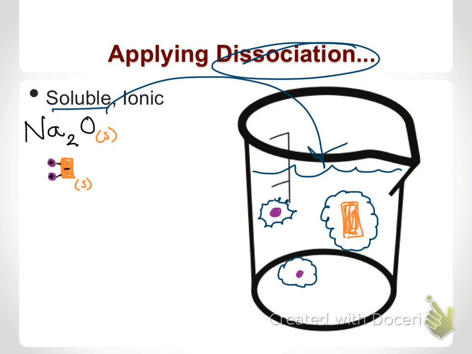Now remember, for the Na+1s here, if I were to zoom in, the Na+ would be surrounded by water. Since it's the plus for the sodium, the oxygen part of the water, the sort of negative, would be facing the sodium's plus.